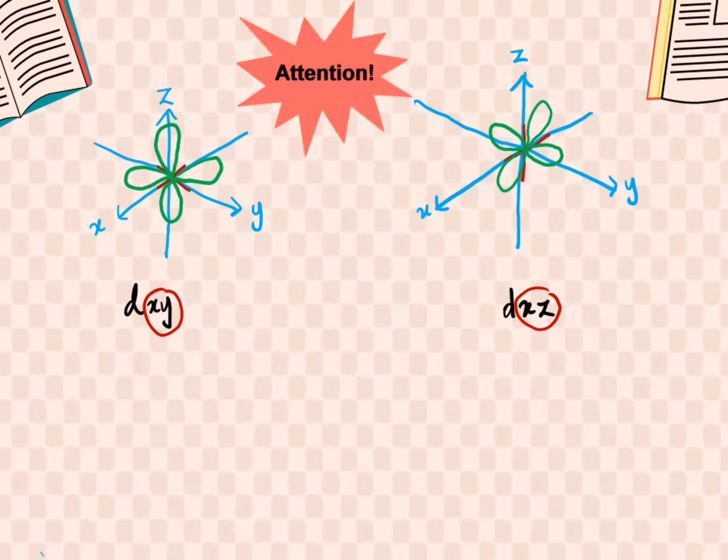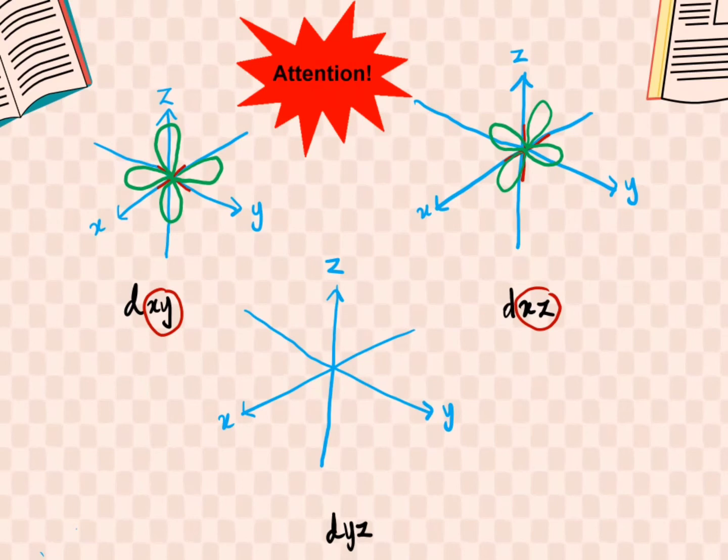Okay, I'll show you the other one. Okay, dyz. Okay guys, so now we draw the landmark X just now. Okay, we draw the X symbol tu. YZ, focus on the Y and Z axis like that.